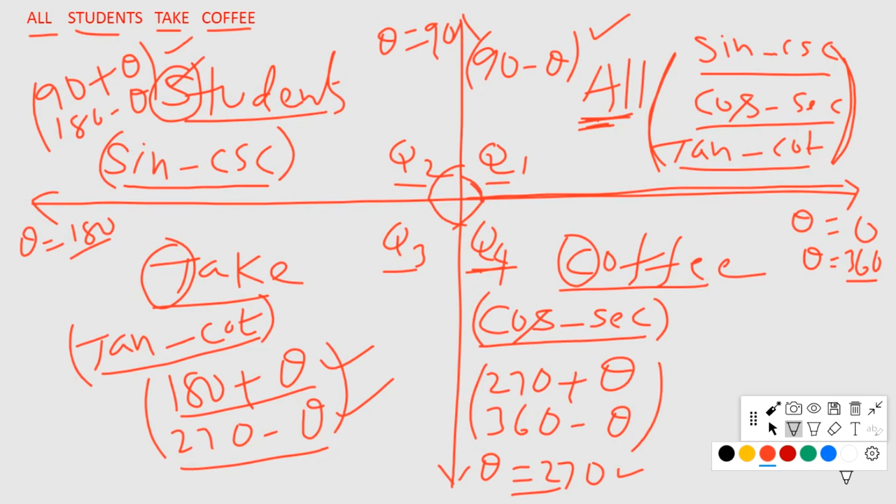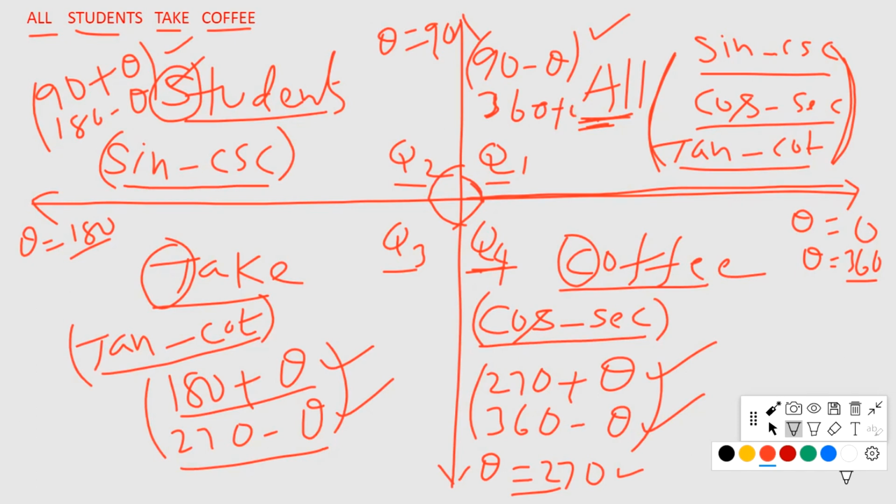The angle is always greater than 270 and less than 360. That means 270 plus theta and 360 minus theta. This type of angles are in the fourth quadrant. Okay. And also greater than 360 is going to the first quadrant.